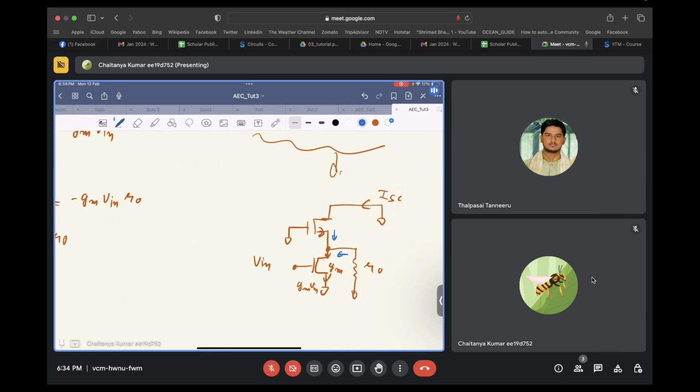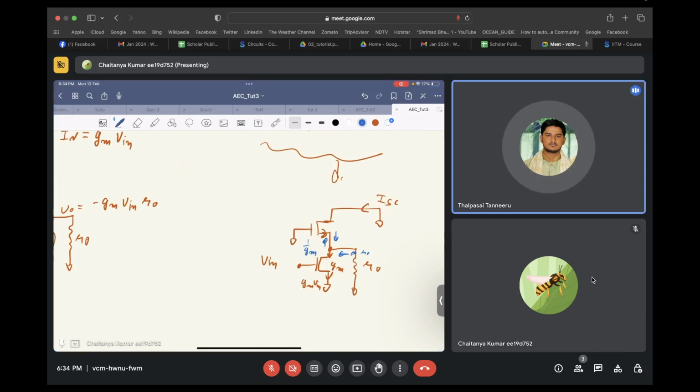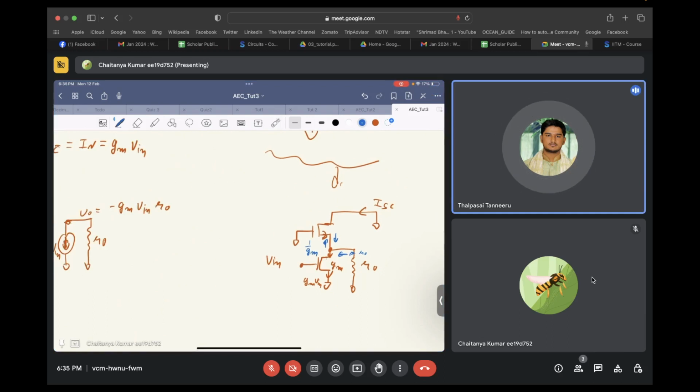So let's see. Looking in impedance at this direction is R naught, and looking in impedance in the upper direction is almost equal to 1 by gm. Correct. Yes, sir.